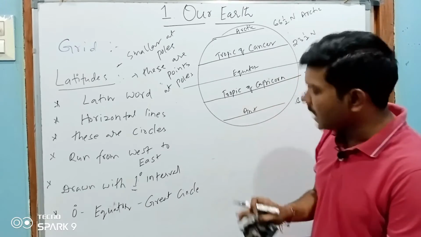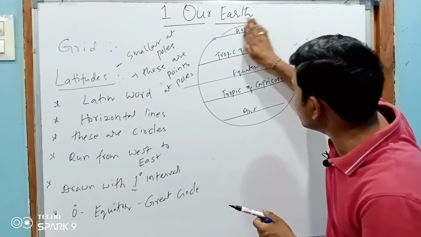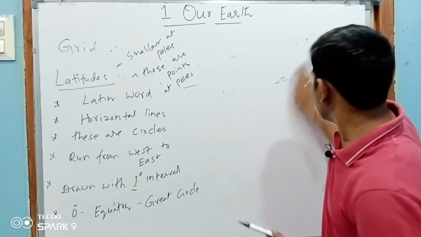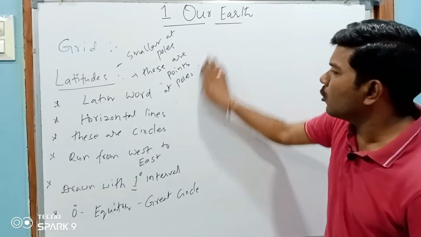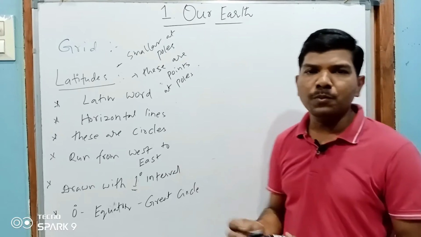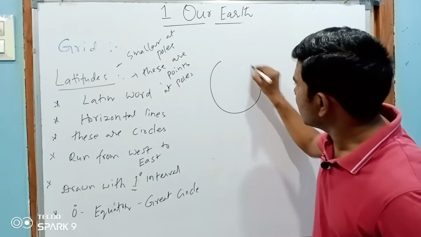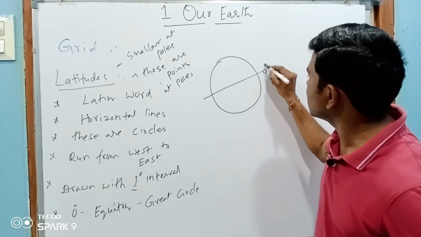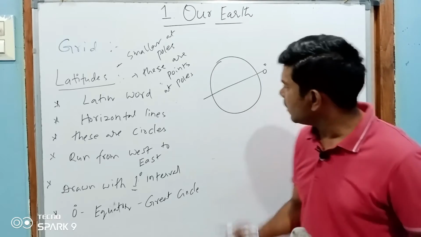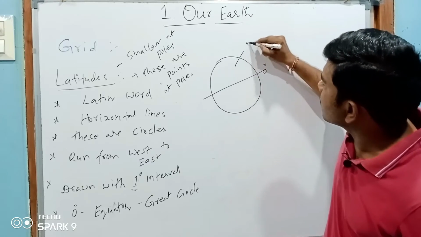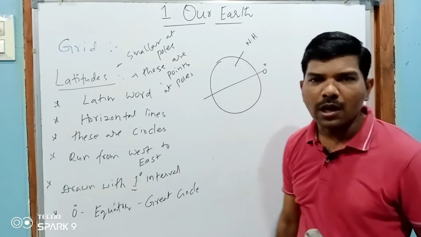So there are a total of 180 latitudes, 90 on each hemisphere. As I said, the Earth globe can be divided into 2 hemispheres horizontally. This is the equator. This is the northern hemisphere.